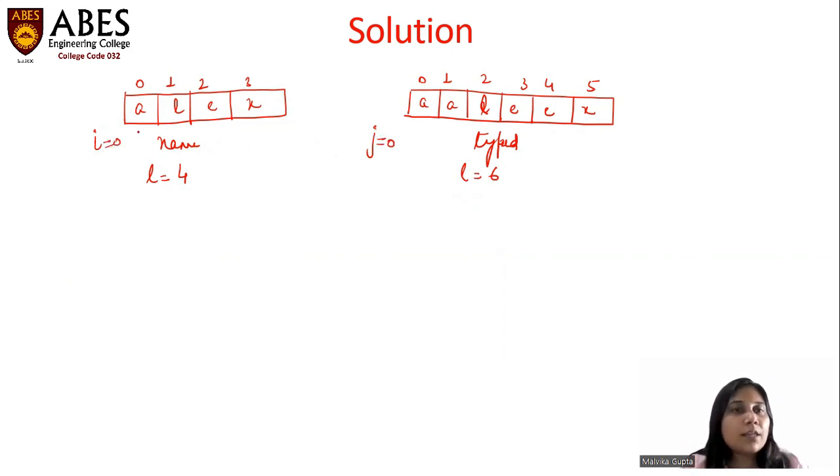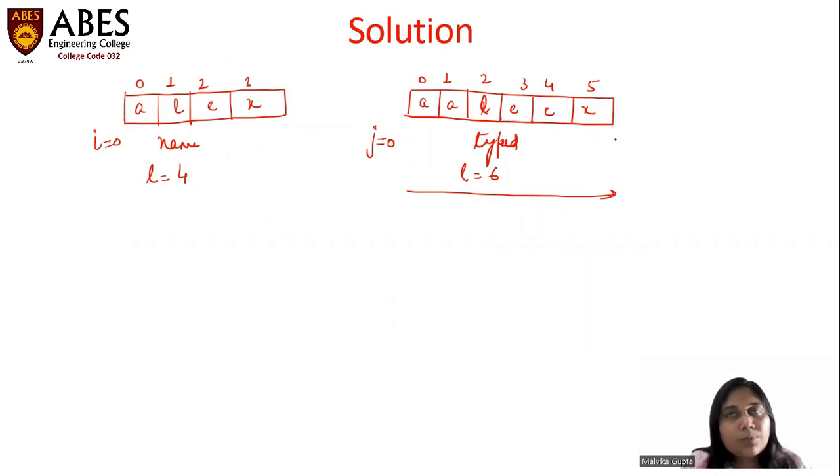As we used to do in the two pointer approach, as and when I get A matched from here, I will increment I, otherwise J will get incremented, because we need to move from here. Now you have understood, we need to match this entire typed string to the name string. So this string is larger. Obviously, this string is going to be the longer one as compared to the name string, which is the original one, because multiple pressing of the characters is also there.